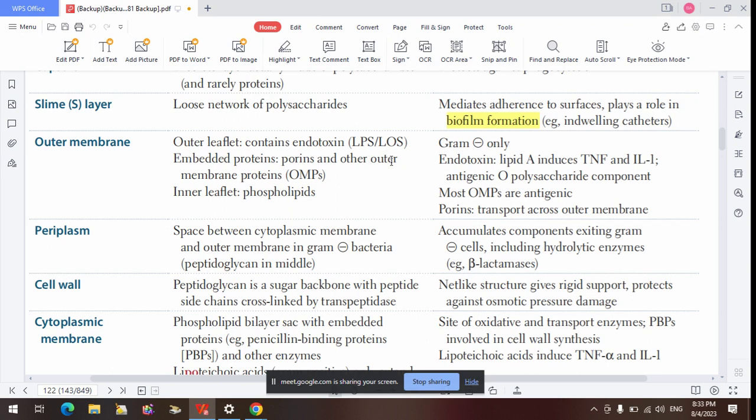When the macrophages recognize that lipid A, what will happen? They will be activated and release interleukin 1, TNF alpha and interleukin 6 that will cause vasodilation, increase vascular permeability, and lead to symptoms and signs of shock.